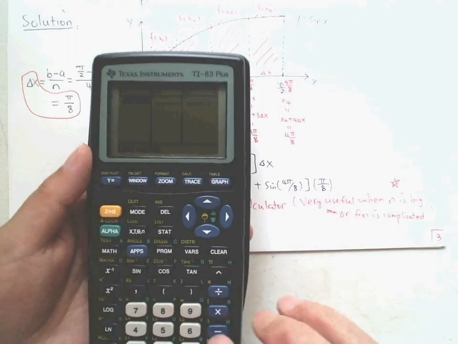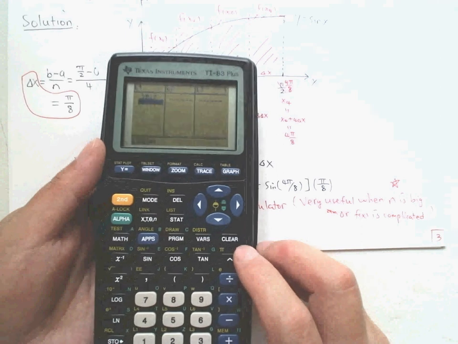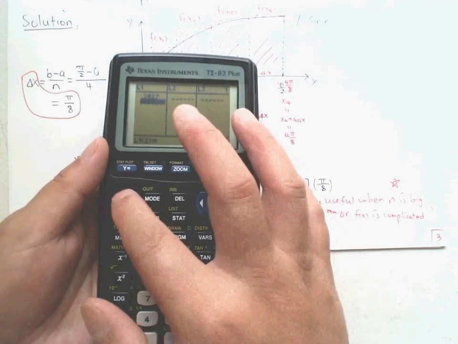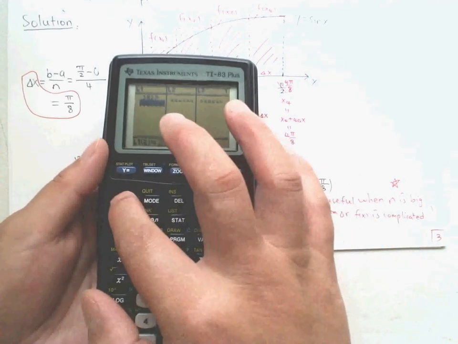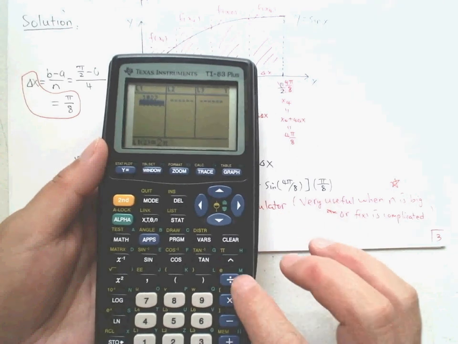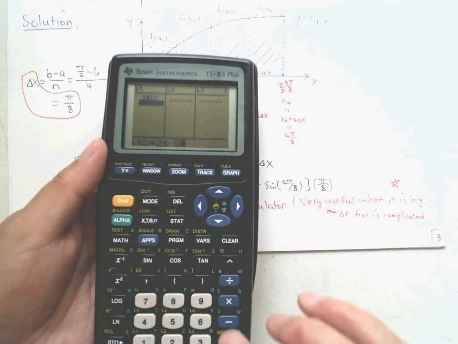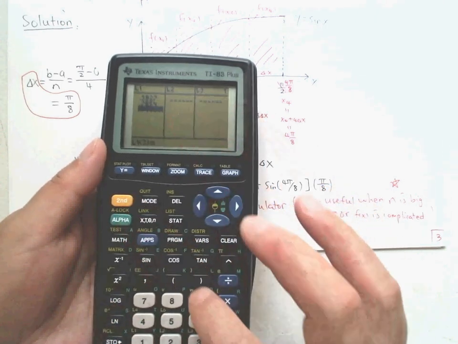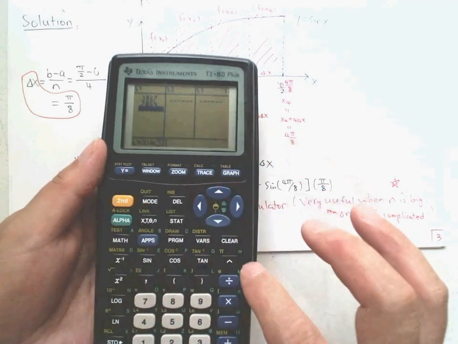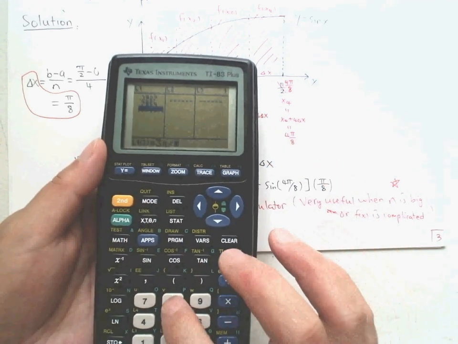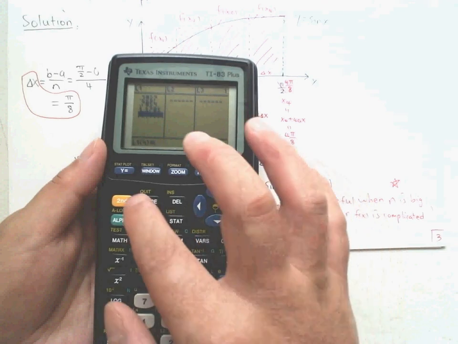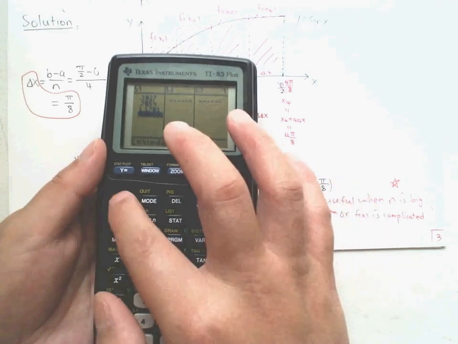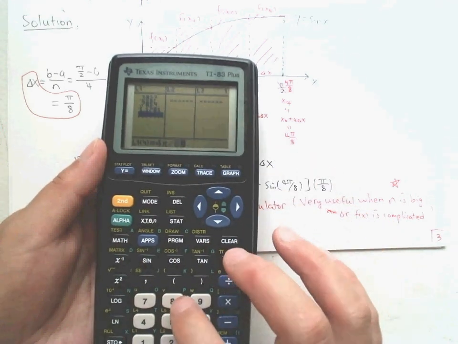I put it there. So pi over 8 is the first, and 2 pi over 8 is the second. 3 times pi over 8 is the third.